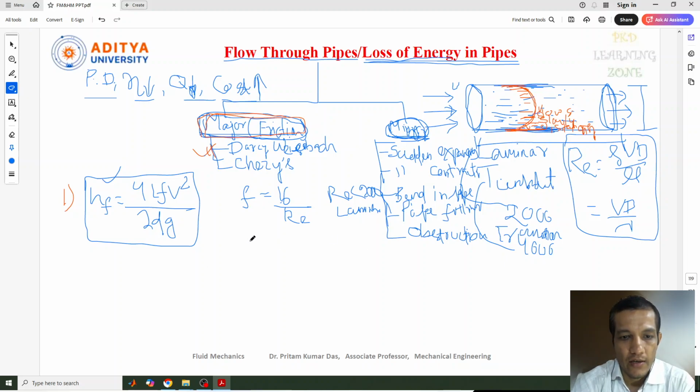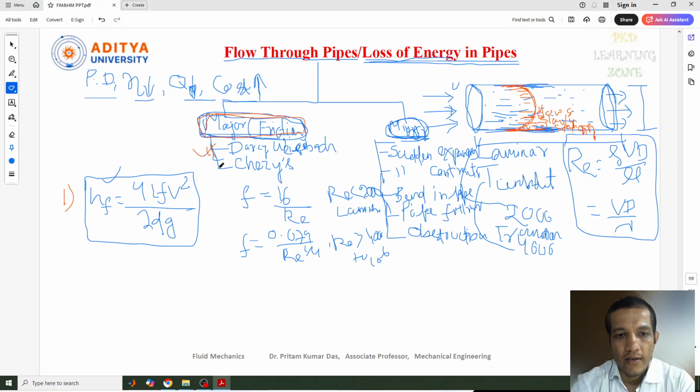For turbulent condition, f equal to 0.079 by Re to the power 1/4, when the Reynolds number is more than 4000 and up to 10 to the power 6. I am just reminding you of these things so you can recall what we have studied. The remaining things we have already discussed previously, so I hope you understand this.